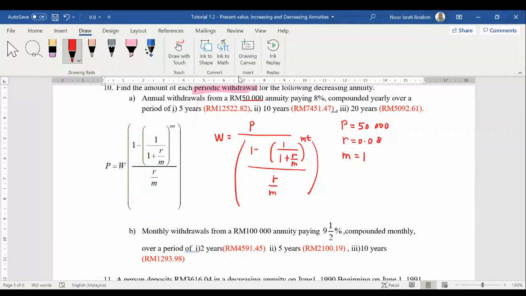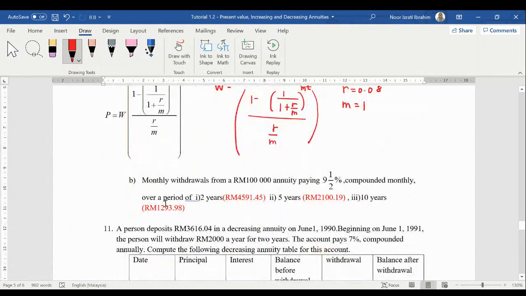For the periods of 5 years, 10 years, and 20 years, there are 3 questions here, so T equals 5, T equals 10, T equals 20. You just put in all the values and find the withdrawal amount for each T value. The answers are given, so please make it your practice.